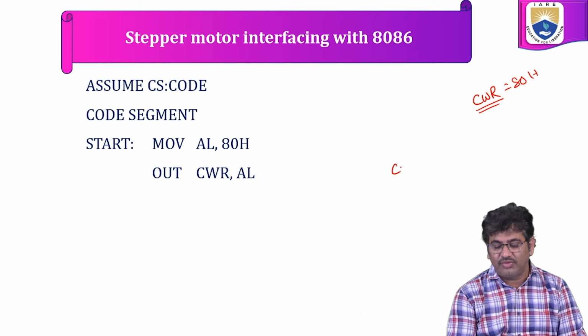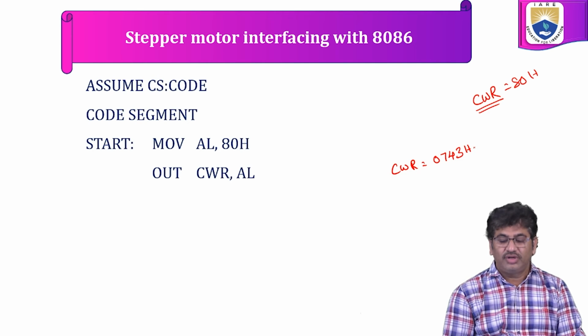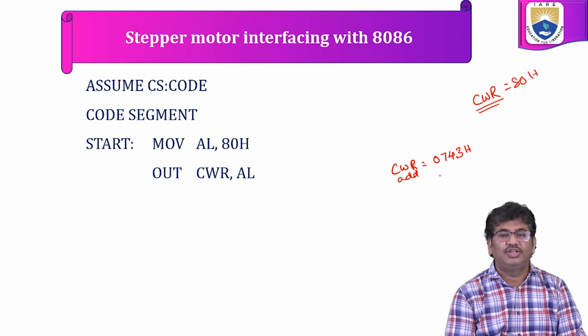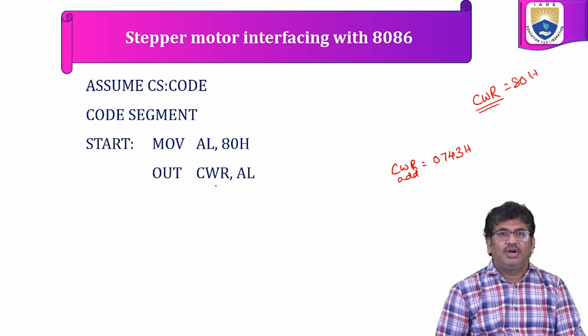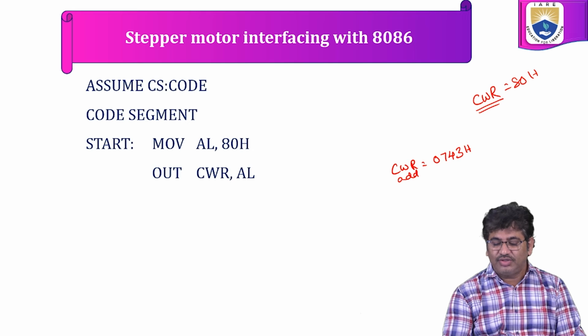So what is the control word register address? Here it is 0743H. In this place we can write that particular address. For generalization, I made this one as CWR. After this, how many pulses do we have to send?